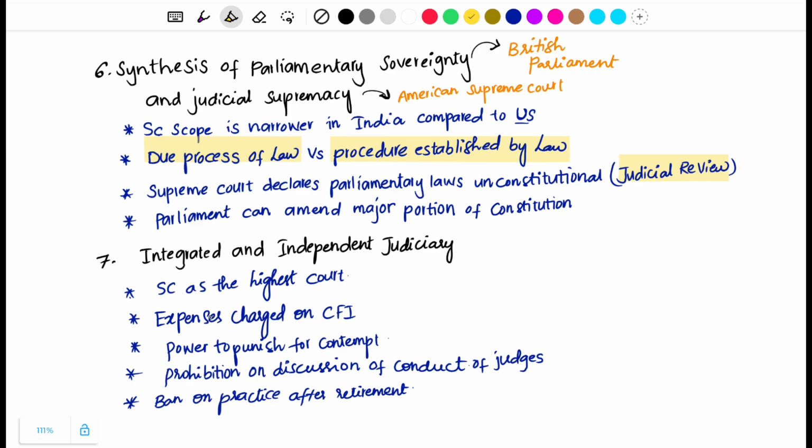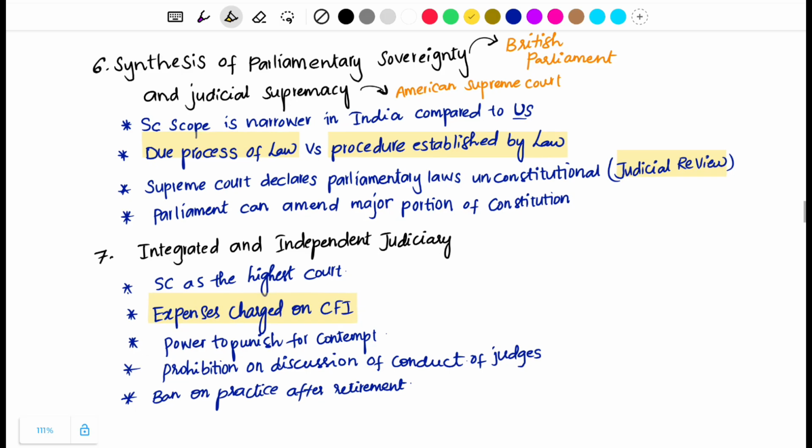The expenses of the judiciary are charged on the Consolidated Fund of India. These are only charged, which means these matters can be put in the Parliament for discussion, but they cannot be put for voting. It guarantees the independence of the judiciary without impacting the functioning of the judges in the court.